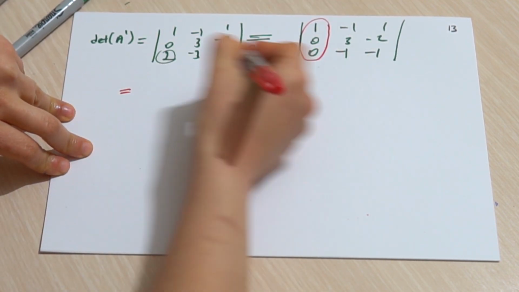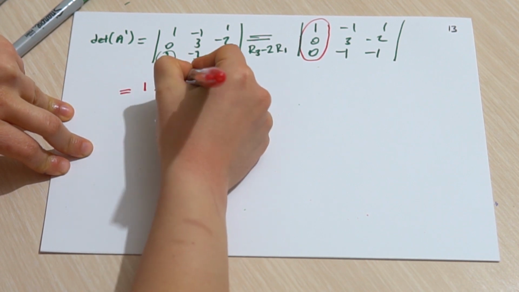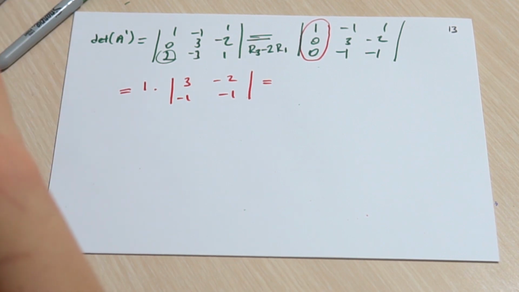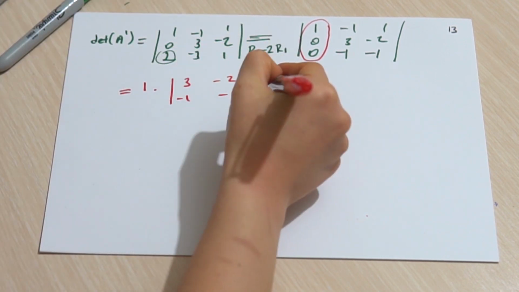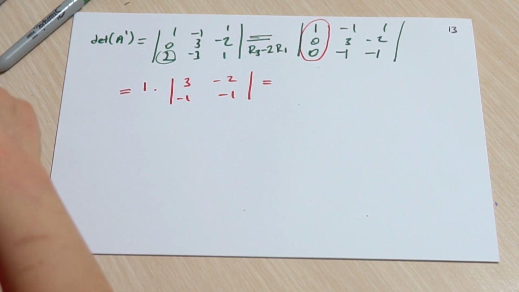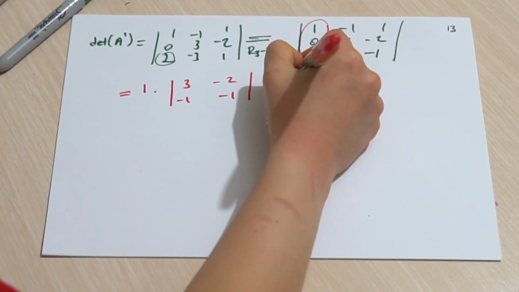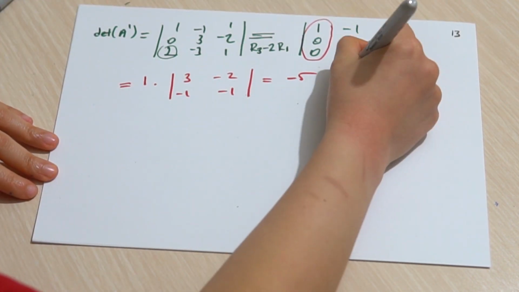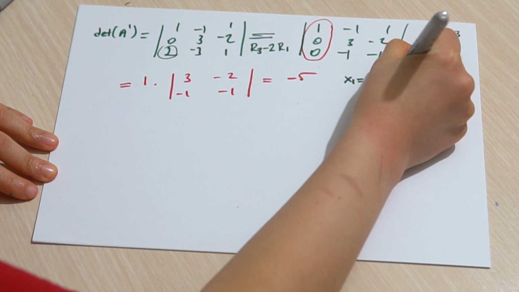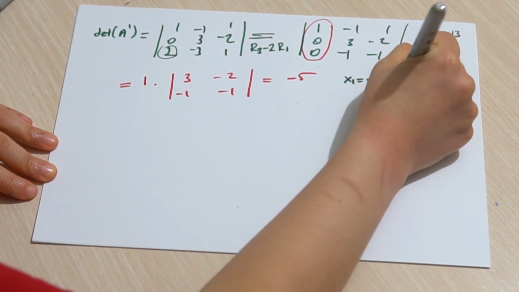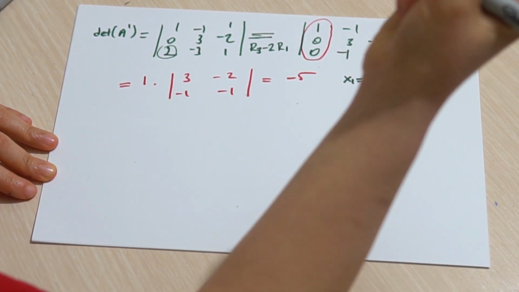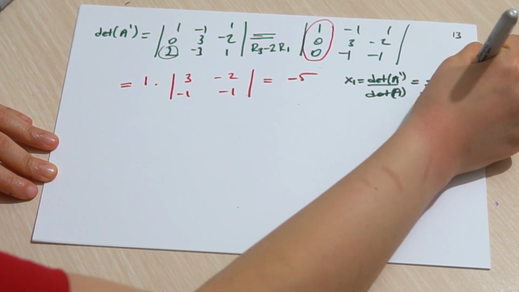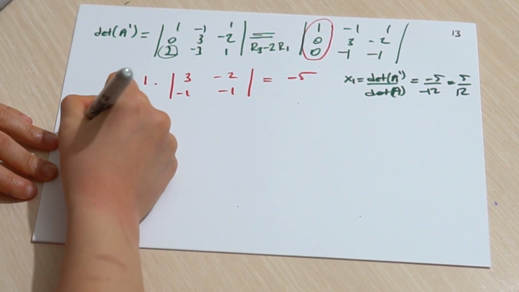Then I will have 1 times 3 minus 2 minus 1 minus 1, and this is equal to minus 3 plus 2 minus 2, minus 5. So x1 becomes determinant A1 over determinant of A, which is equal to minus 5 over minus 12, 5 over 12.